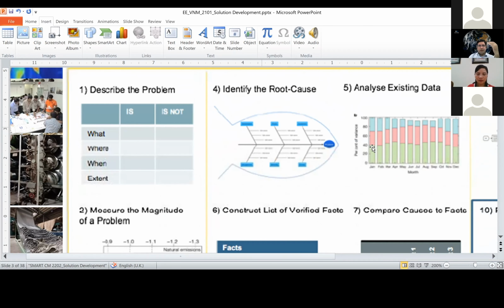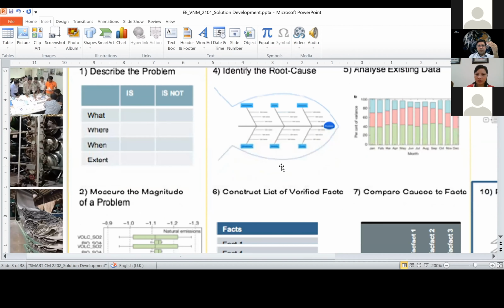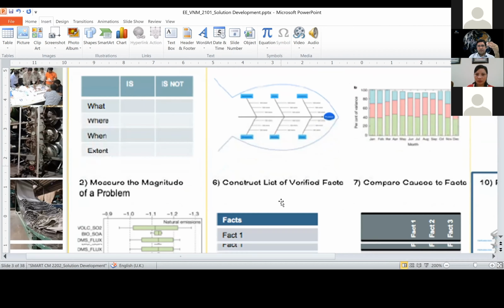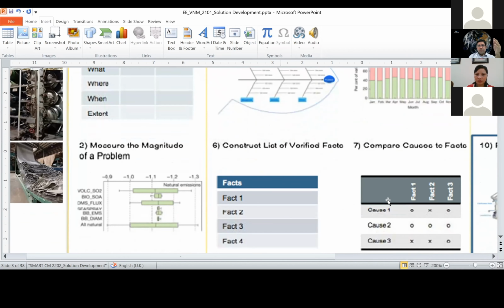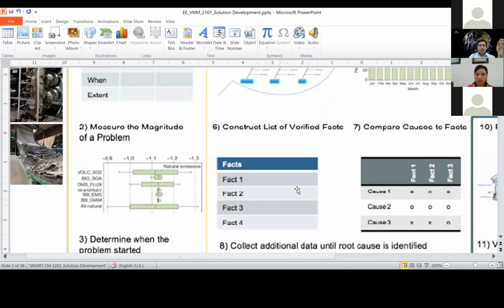Then we do some data measurement, analysis of existing data, and based on this we construct a list of facts, and then we compare these facts with the causes. So for example, we say that the leakages take place because we have old equipment, we have old lines, right? But then we also have to check the facts. Do we really have old lines, or when was the last upgrade of lines?